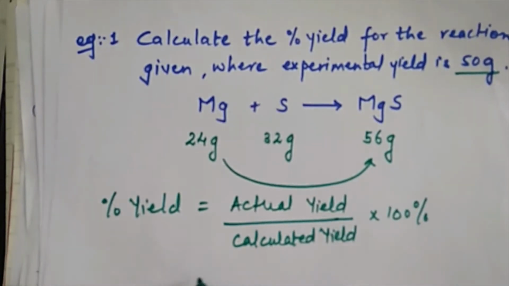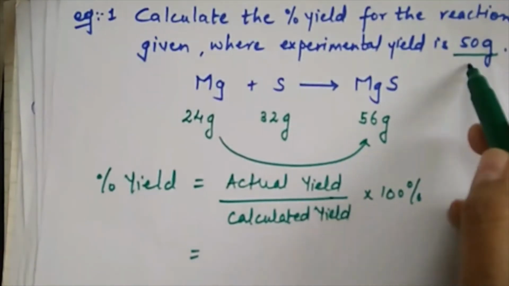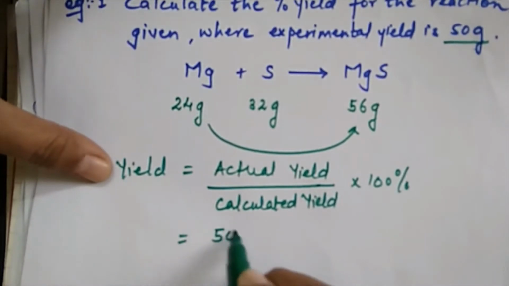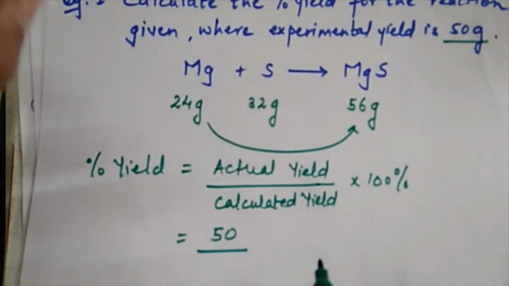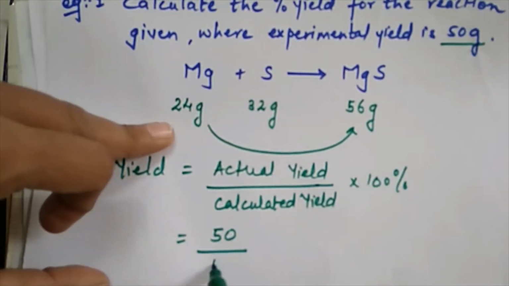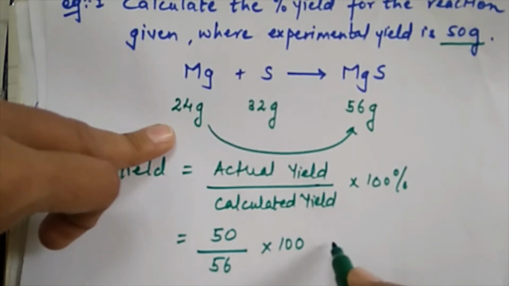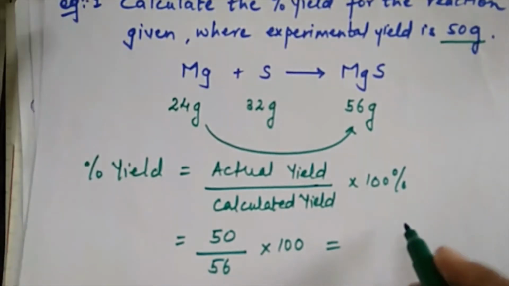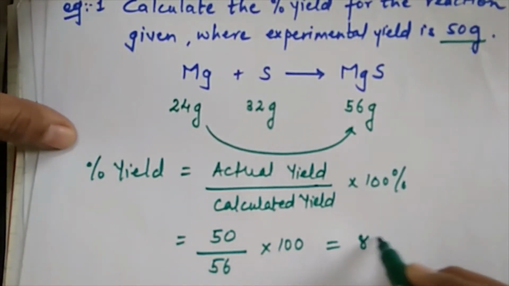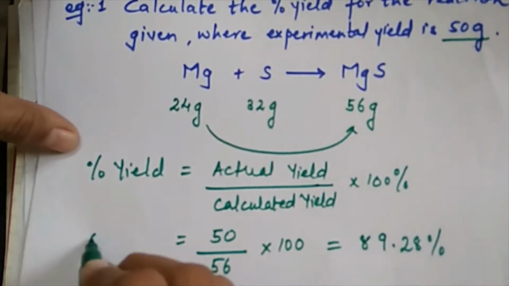So the percentage yield will be equal to the actual yield, how much we get, the experimental yield that is given, 50 grams. But how much is the theoretical yield that we should get? 56 grams. So we write 56 multiplied by 100. Calculating this, we get percentage yield is equal to 89.28%.